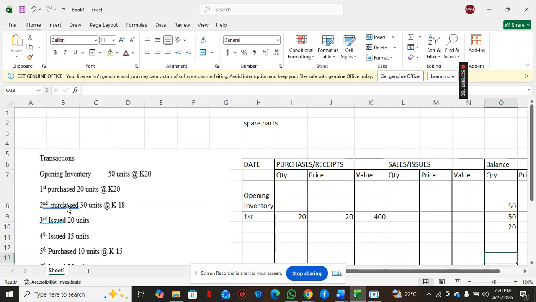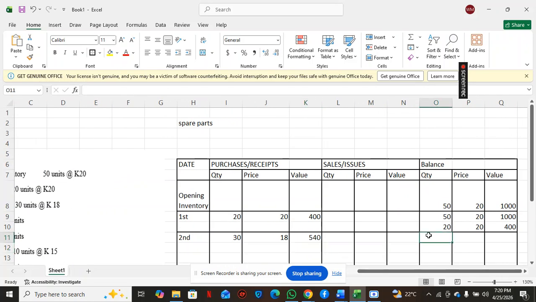On the second, we purchased another 30 spare parts. So we say second, purchased 30 spare parts valued at 18 kwacha each. The cost of these spare parts was 540. Again, we come back to our balance section. We had 50 spare parts valued at 20 kwacha each, total value 1000 kwacha.